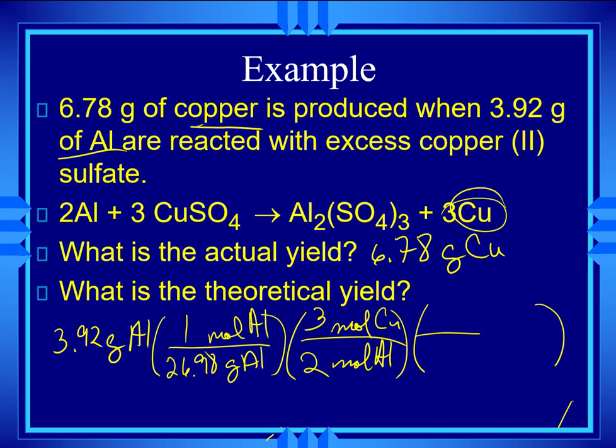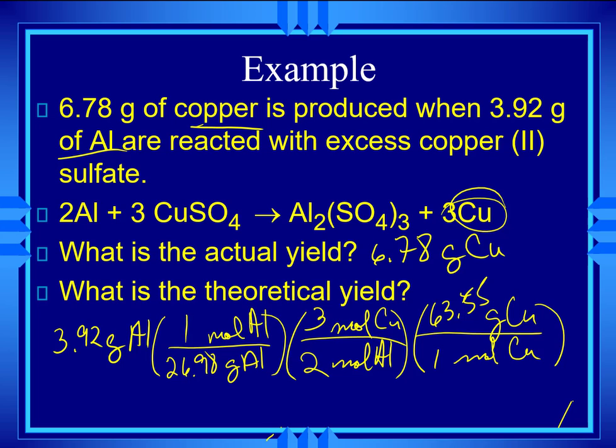Now I want to get rid of moles of copper, and moles of copper I can turn into grams of copper because 1 mole is 63.55 grams. I'll push those buttons on my calculator: 3.92 divided by 26.98 times 3 divided by 2 times 63.55.